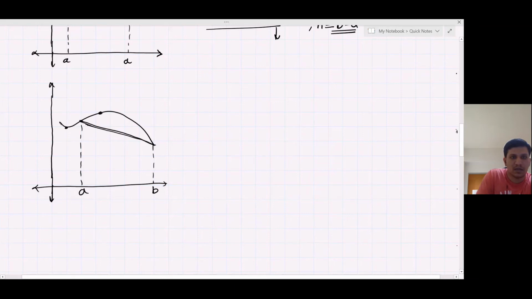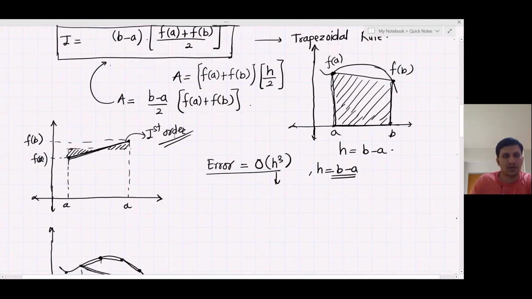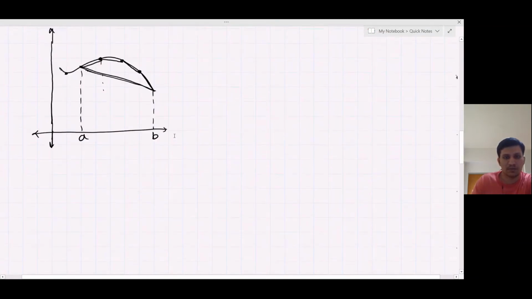But if we consider 2, 3 or more points on the curve and fit multiple straight lines between those points, then we will get less error and a more accurate area under the curve. So by using that technique, we can introduce the multiple step length formula for the trapezoidal rule.